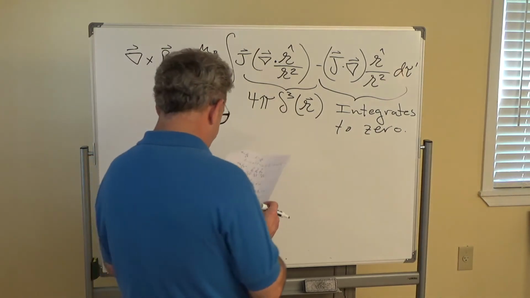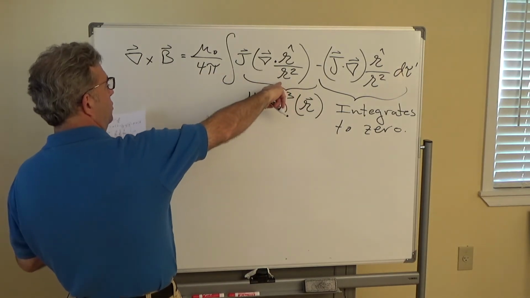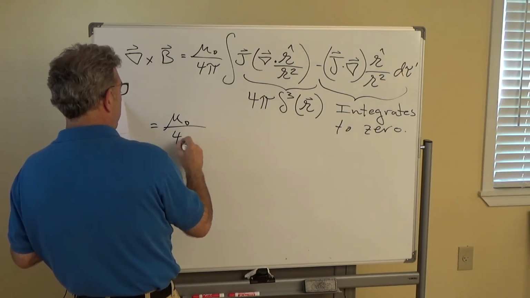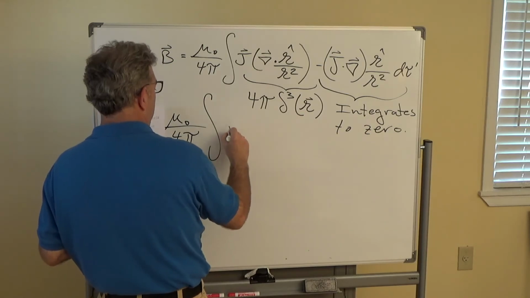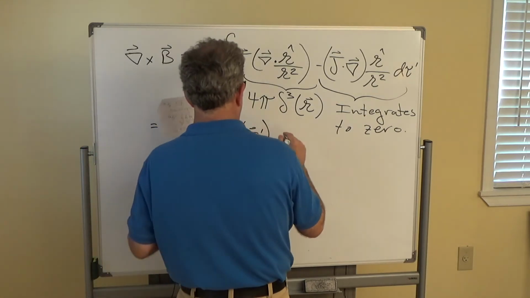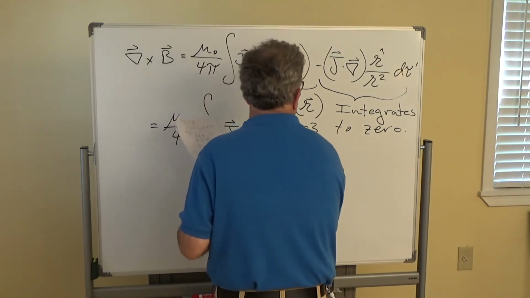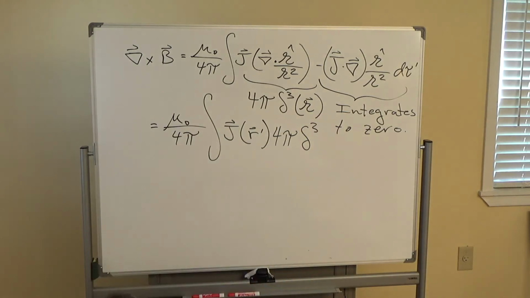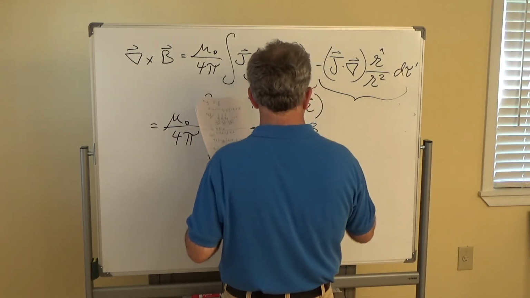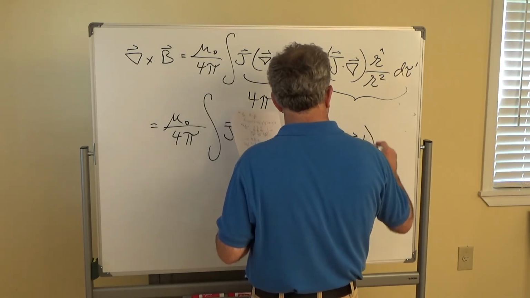All right, so this whole thing is equal to just this term, so this is equal to mu naught over 4 pi times the integral of J of r prime, 4 pi del cubed of R minus R prime d tau prime.